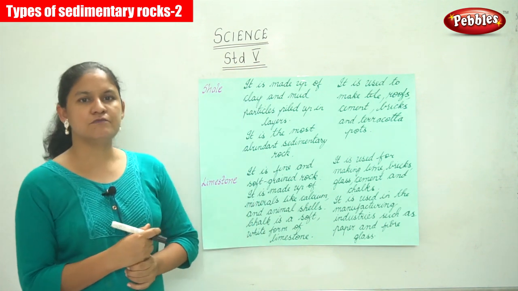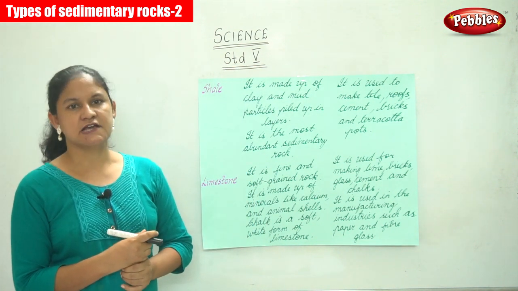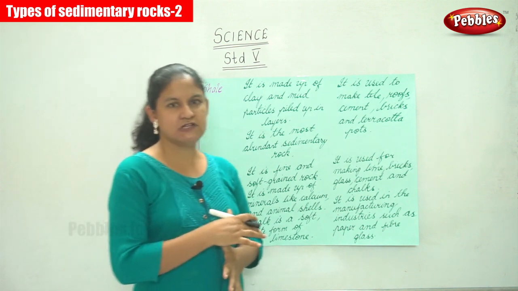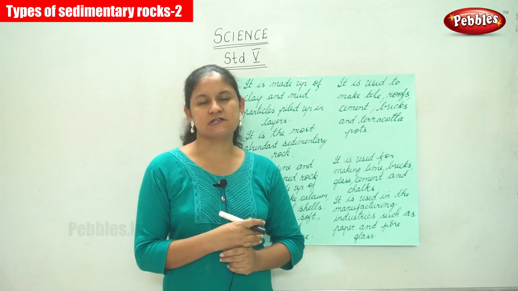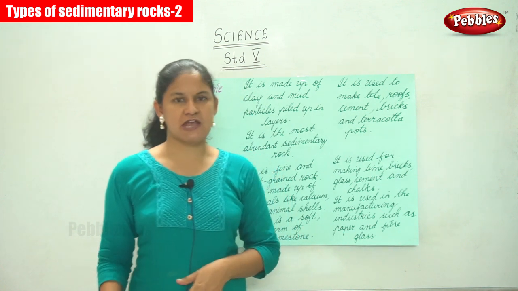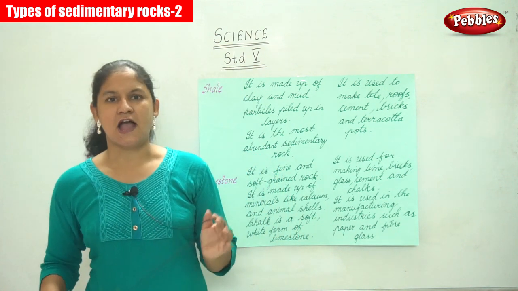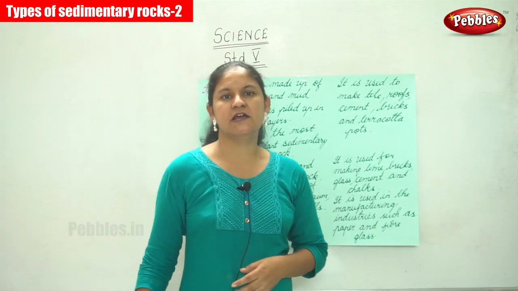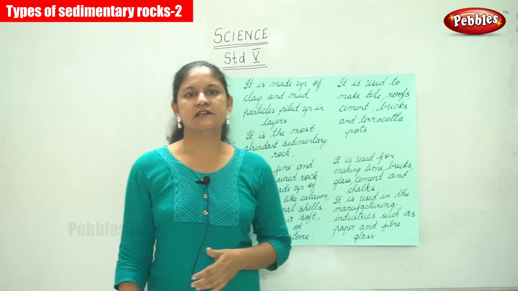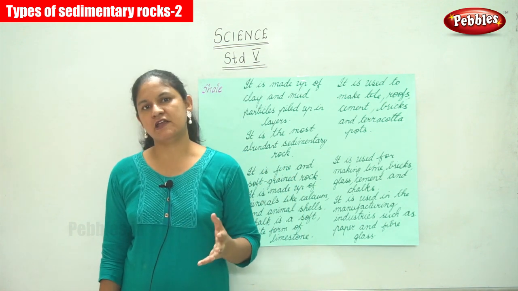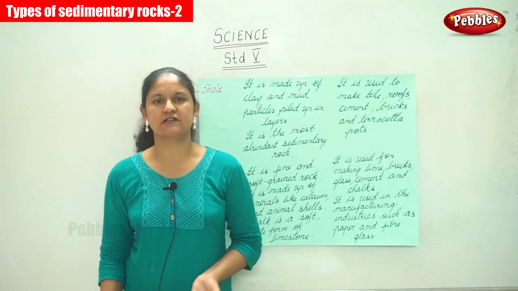The conglomerate contains round pebbles, gravel and boulders that are cemented together by minerals, and the conglomerate can withstand weathering, and it is used in making building materials.